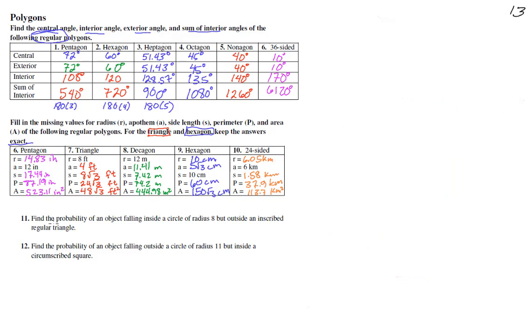Cool. Number 11, it says find the probability of an object falling inside a circle of radius 8, but outside an inscribed regular triangle.